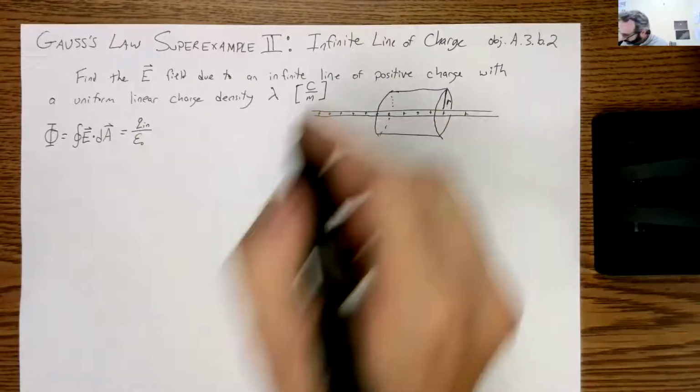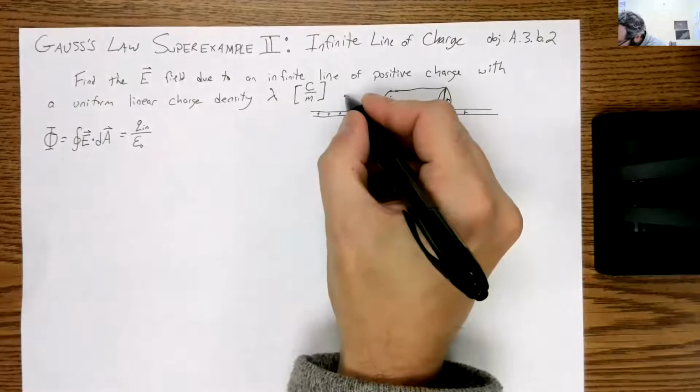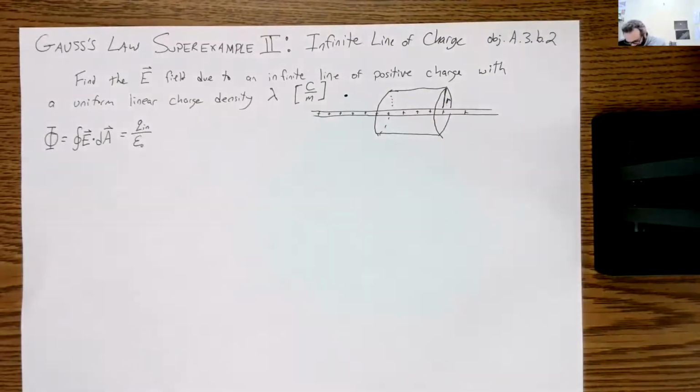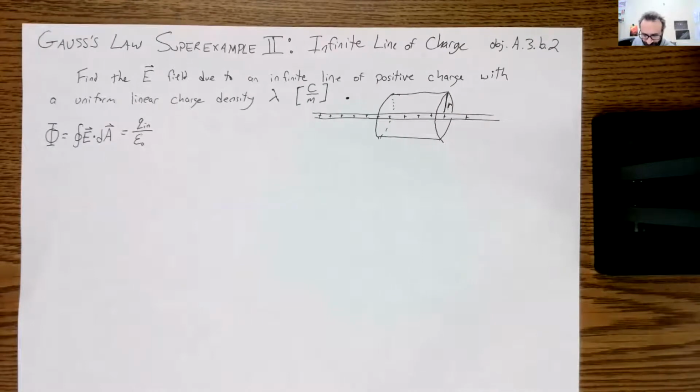So for example, if I have a point P, say over here, right above the wire, what direction is the electric field going to have to point? Upwards?